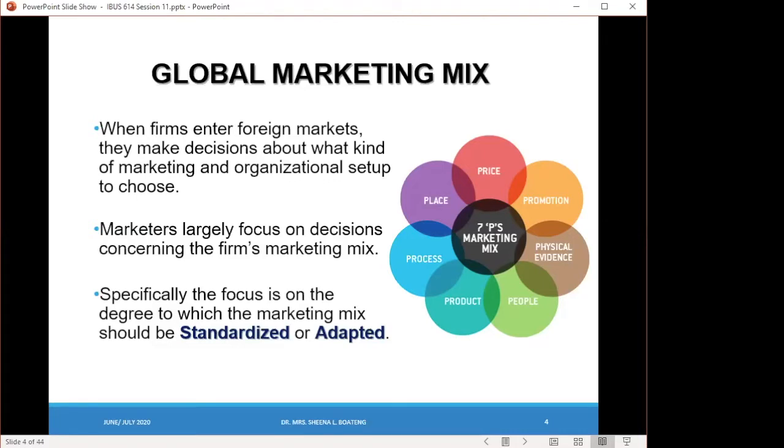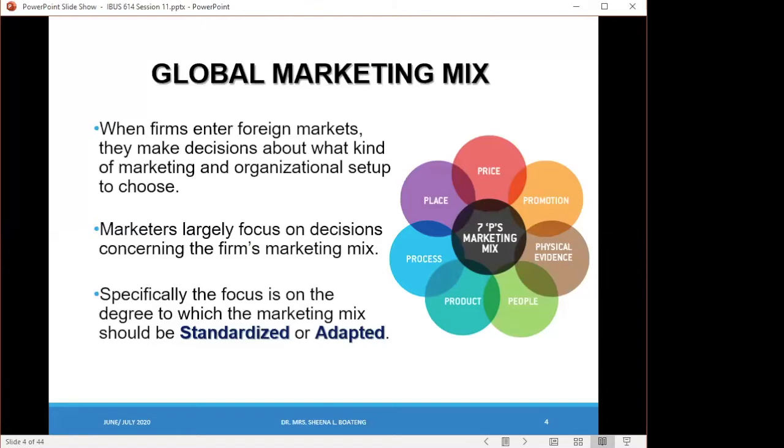Now, when firms enter foreign markets, they have to make specific decisions regarding each element of the marketing mix, just like they would do in a domestic setting. However, with the scale and nature and complexity of global marketing operations, the decisions regarding the marketing mix become slightly more complicated than they would be in a domestic setting.